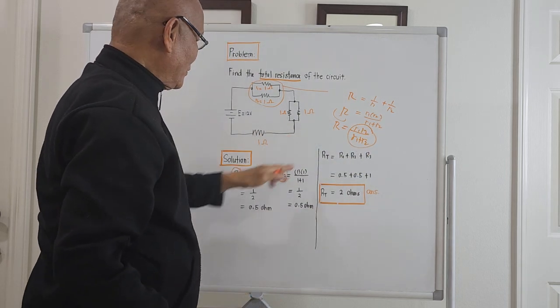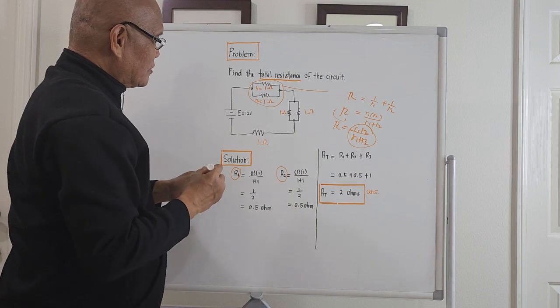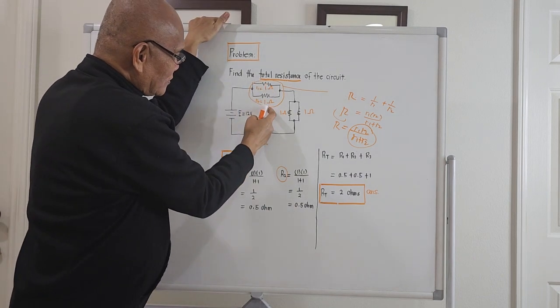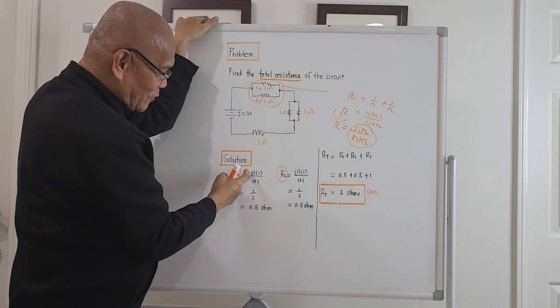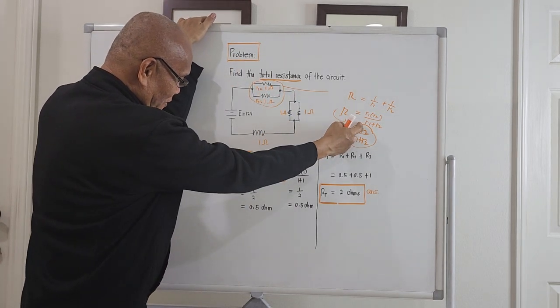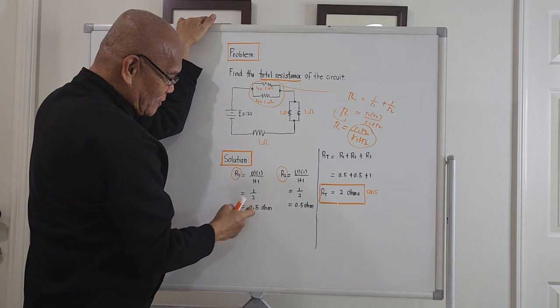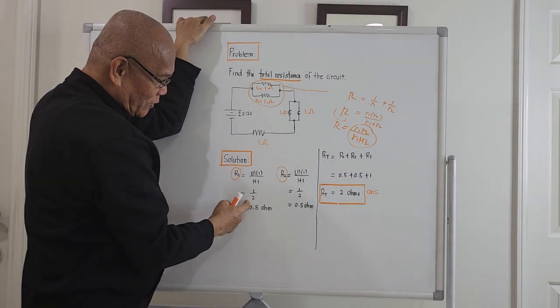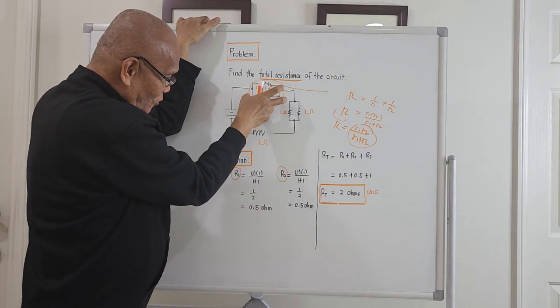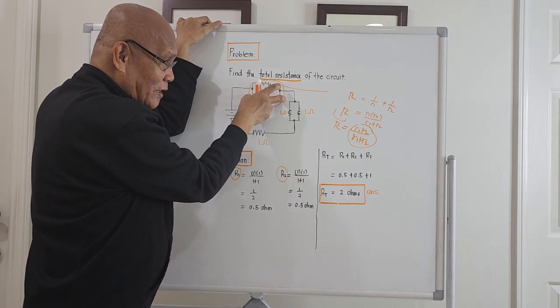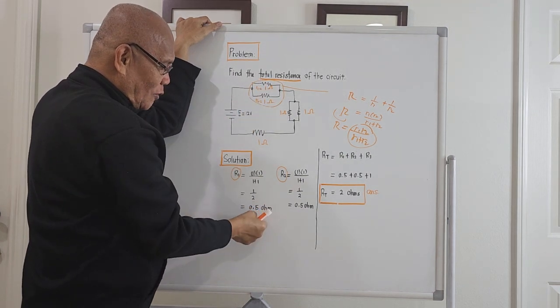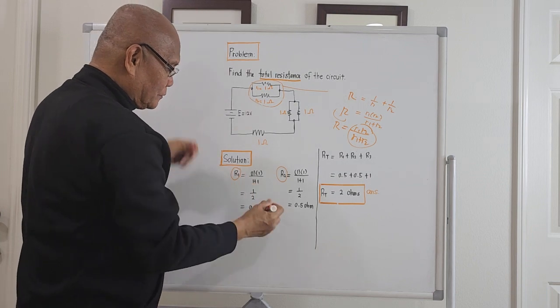So for this, I will just take the product of 1 times 1 over 1 plus 1, which is 1 over 2. So the compressed equivalent of this one, since they are in parallel, to make it a single resistor, is simply 0.5 ohm.